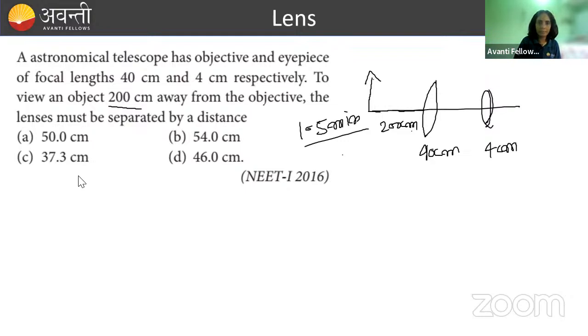So what should be happening here? This is the object. I made a slightly enlarged image of it. Let me shorten it so that I can pass rays coming from it.